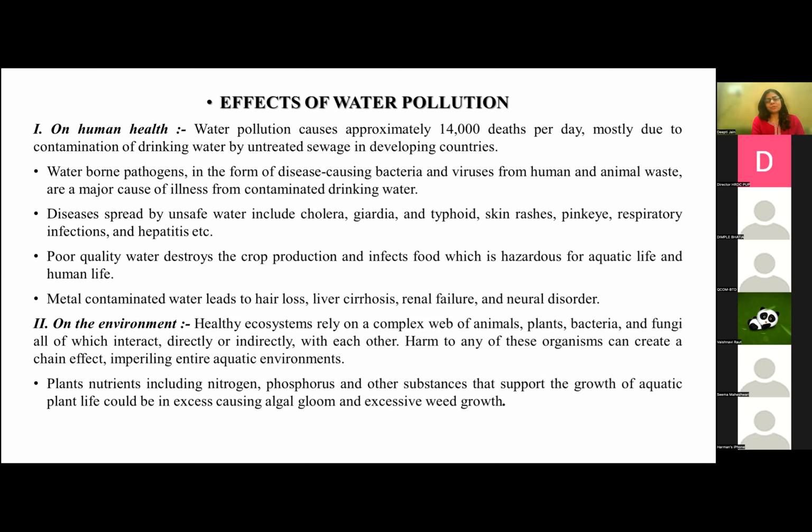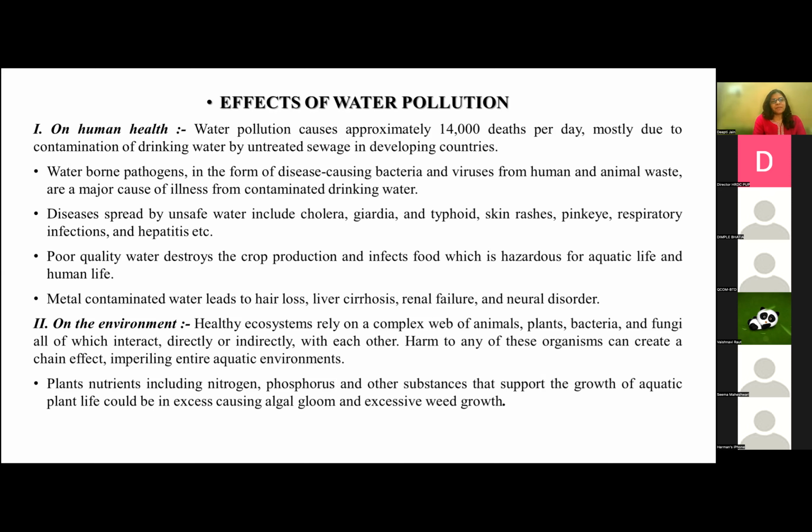But see, there are so many routine causes which result in more mortality than corona, but we are giving less importance to those issues. One of them is water pollution. Waterborne pathogens in the form of disease-causing bacteria and viruses from human and animal waste are the major cause of illness from contaminated drinking water.